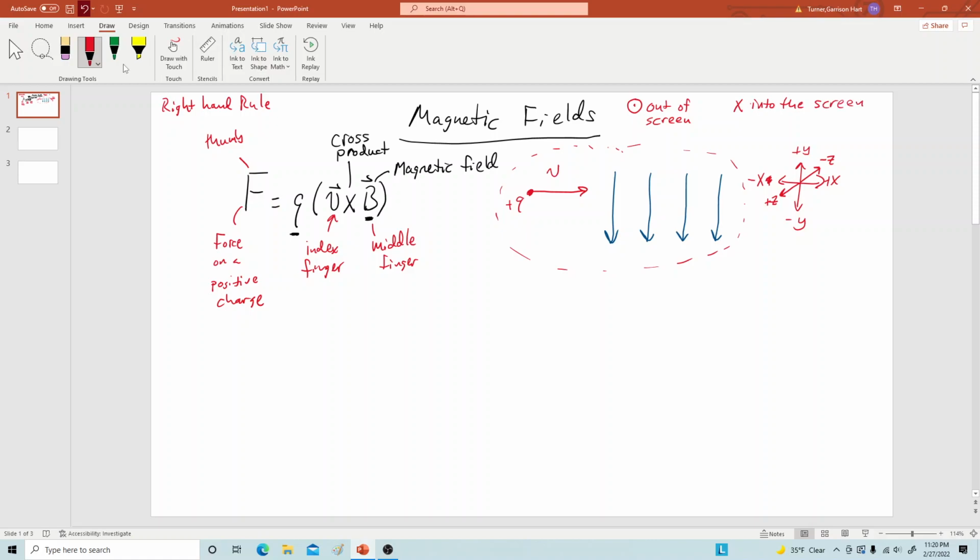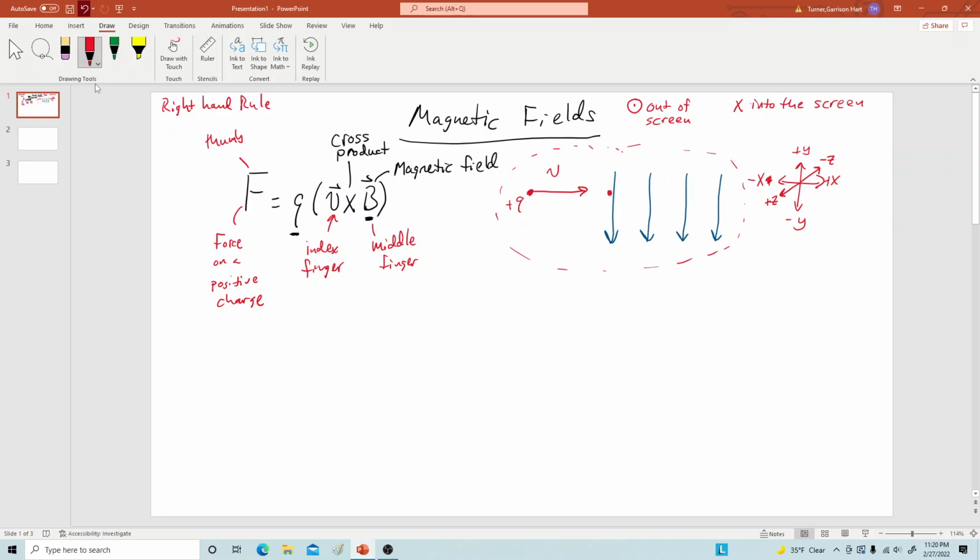So with that in mind, what's going to happen is that once the charge, actually let's bring it back to the red first.